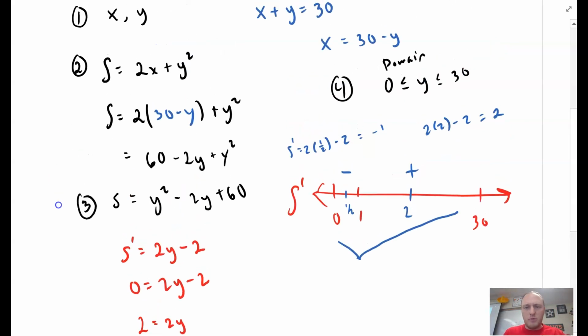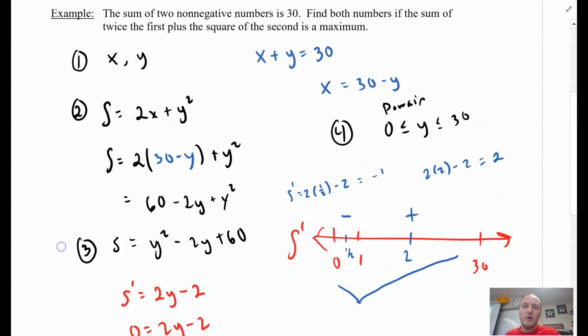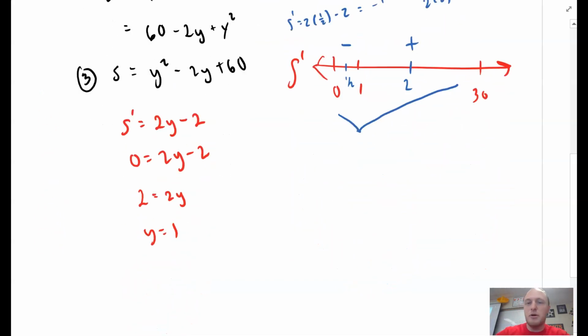So what do we want? Do we want a max or a min? We want a maximum. Well, it's not in the middle. At our critical number, that's a minimum. So it's got to be one of our endpoints. So we will evaluate our function s at these two values, at 0 and at 30, and see what we get. If I plug in 0 for my function, we get 60.